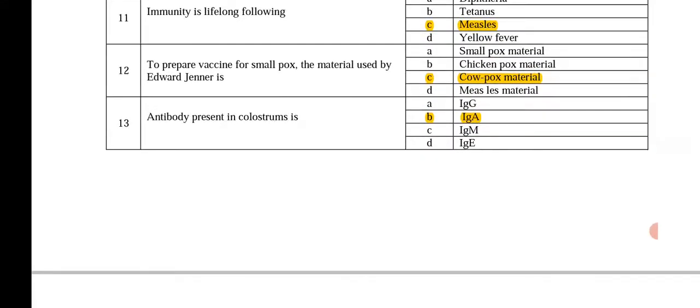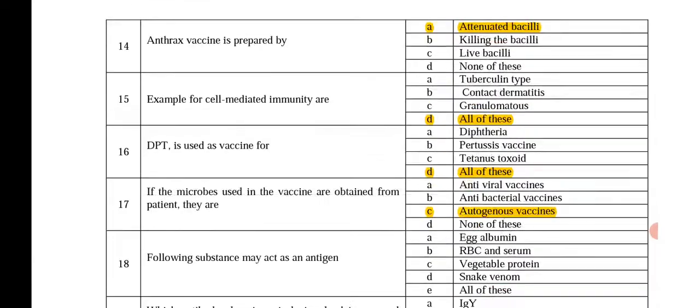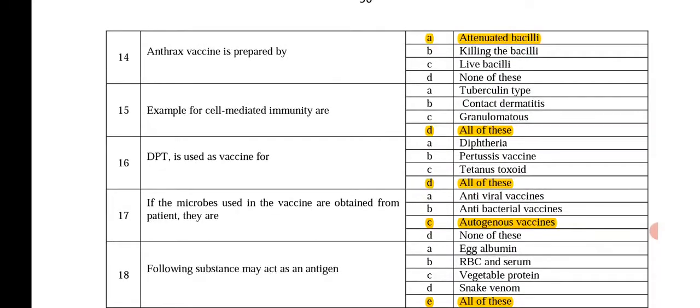Antibody present in colostrum is IgA. Anthrax vaccine is prepared from attenuated bacilli. Examples of cell-mediated immunity are all of these: tuberculin type, contact dermatitis, granulomatous. DPT is used as a vaccine for all of these: diphtheria, pertussis vaccine, tetanus toxoid vaccine.